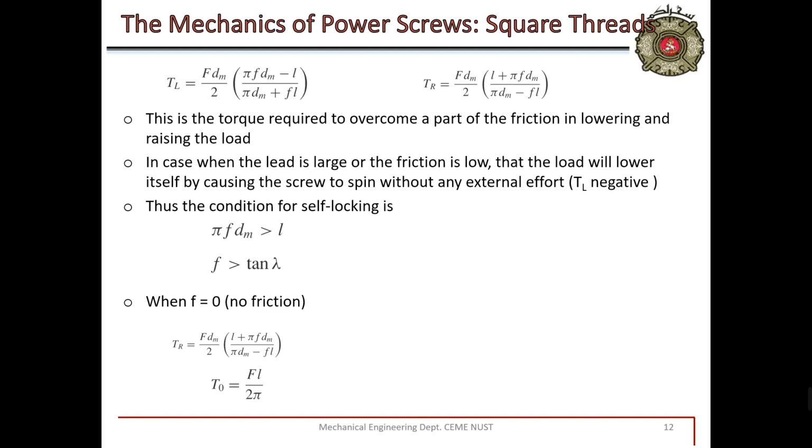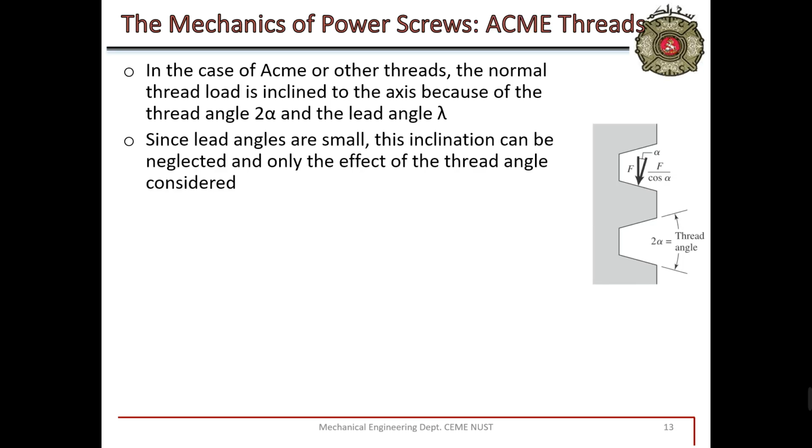This is T naught, and because friction is never equal to zero, the actual torque TR is greater than T naught. We can calculate efficiency, which is equal to the ideal torque T naught for a frictionless system over TR for the actual system.